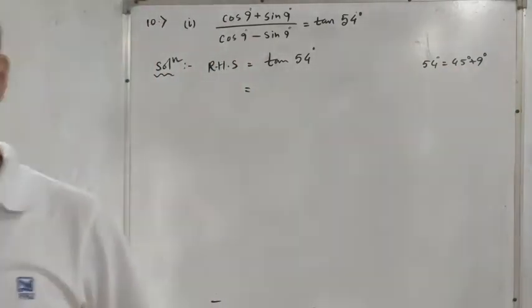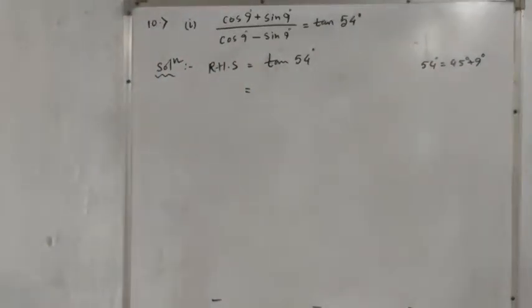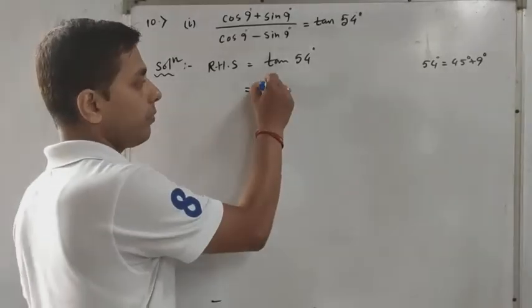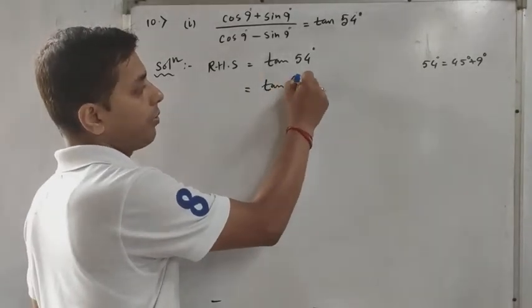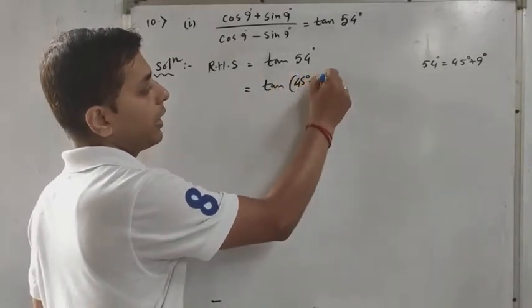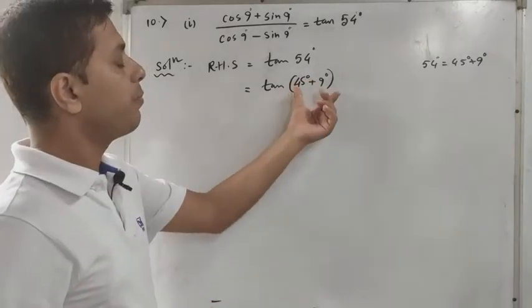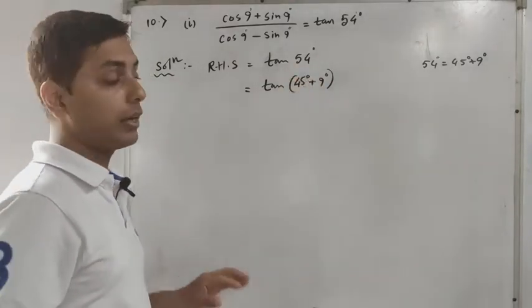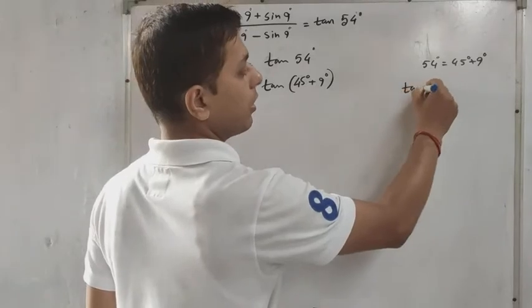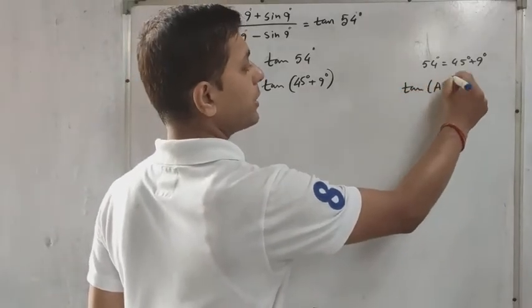Is that okay? Now, if we break this angle 54 into 45 and 9, then what would we get? Let's see.